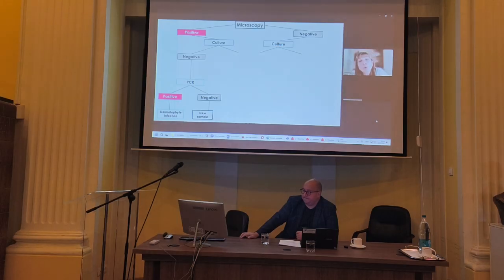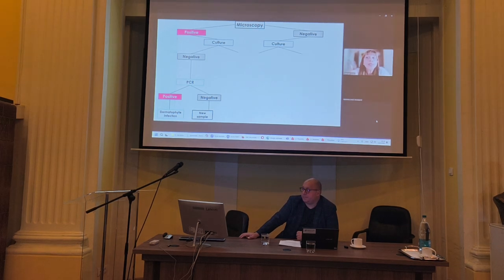So we propose an algorithm. First of all, microscopy. If this is positive, culture. If this is negative, a PCR. If this PCR is positive, we have a dermatophyte infection. If PCR is negative, we need a new sample because we have a positive microscopy.